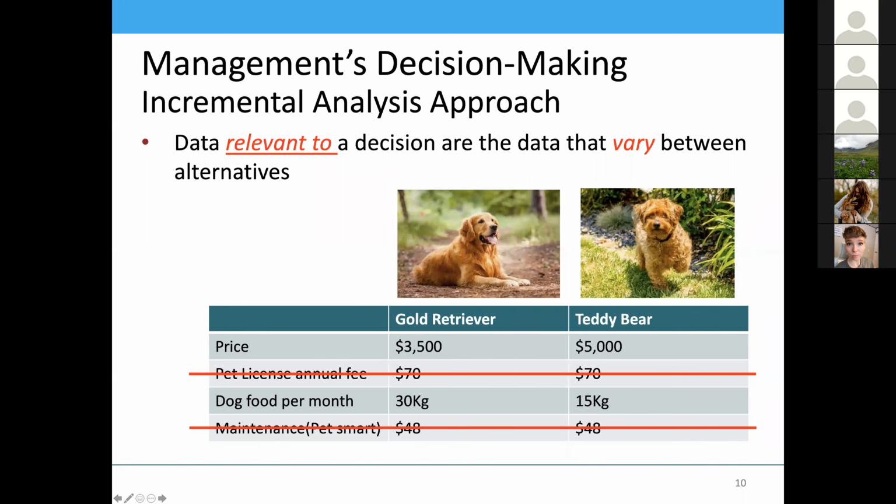I was thinking about hair grooming costs. The teddy bear breed has hair that grows a lot faster than a golden retriever's, and it needs grooming that costs a lot more. Okay, yeah, very good. And who else is here? Erin? I was going to say whether the dog is hypoallergenic or not, because what if you have asthma? Okay, yeah. Jimmy? Very good.